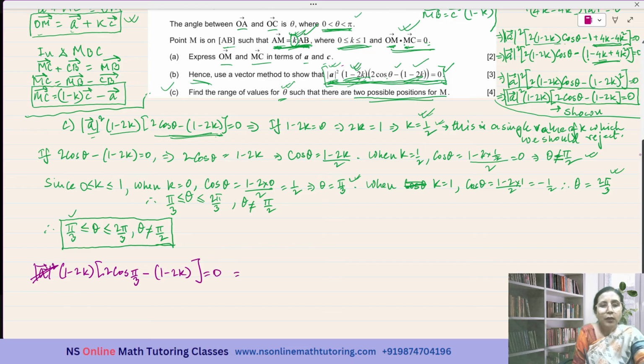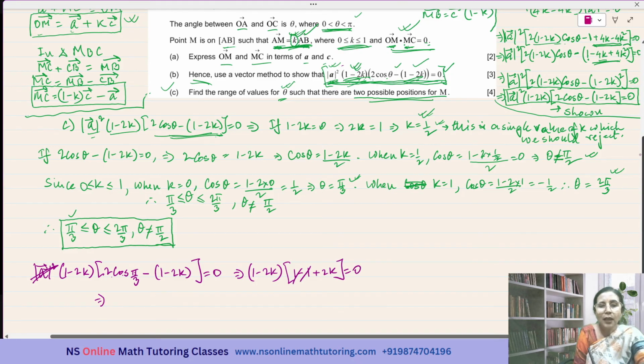So, what am I getting? It is 1 minus 2k, and cos pi over 3 is half, 2 times half is 1. So it is 1 minus 1 plus 2k equal to 0. So we are having this as 2k times 1 minus 2k equal to 0.